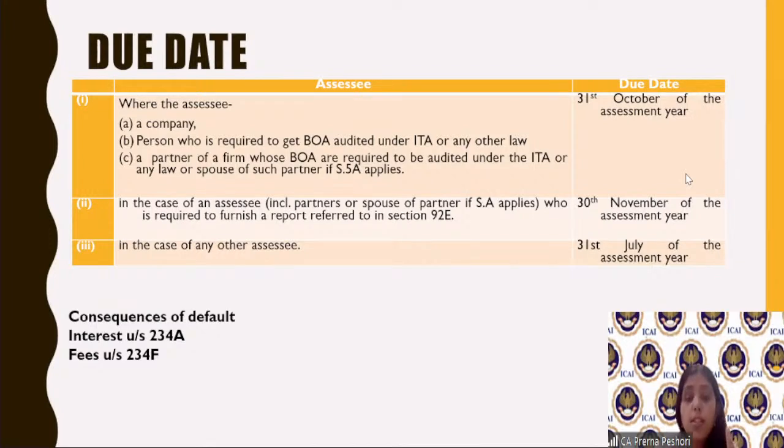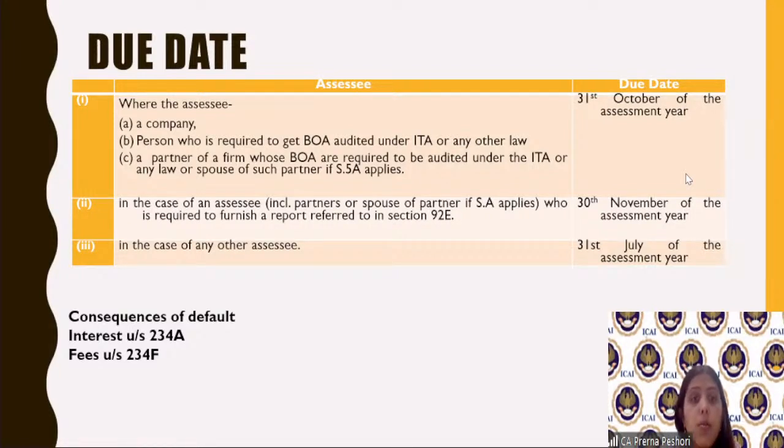These are the consequences. What are other consequences for not filing the return of income within time? The other consequences are that certain deductions are based on filing the return of income on time.